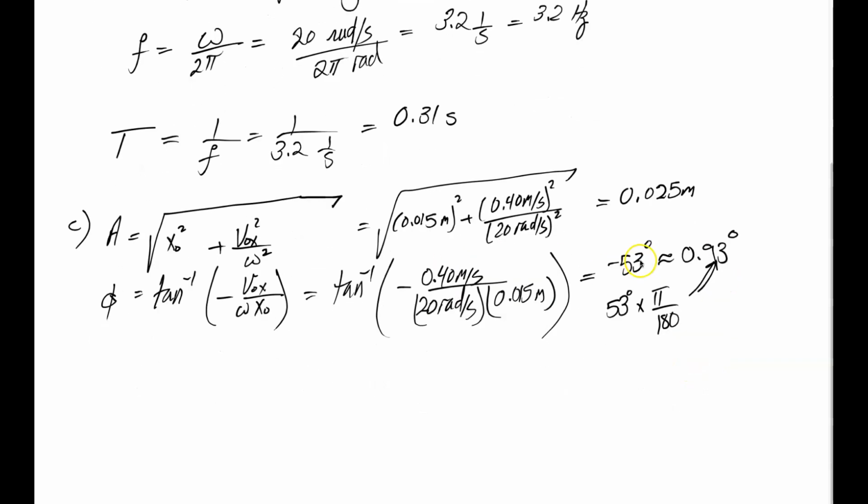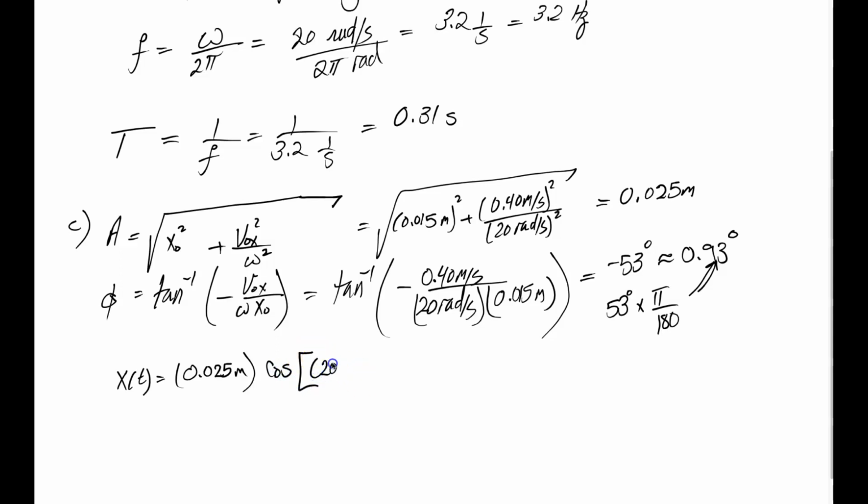So now for part C, which is asking for the function of x, the displacement as a function of time, we have a new amplitude of 0.025 meters times the cosine of omega t.